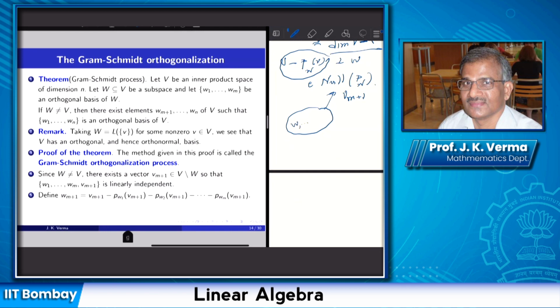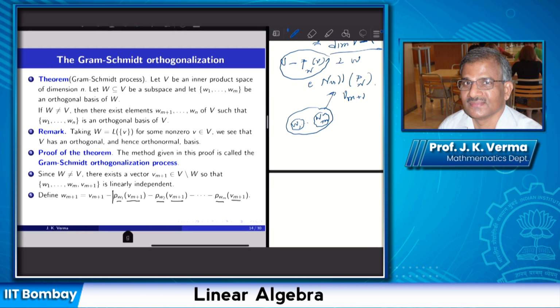Our subspace W is already provided with the orthogonal basis W1 up to Wm, and Vm plus 1 may not be perpendicular to these Wi's. What can I do? I can project Vm plus 1 in each of these directions and add them: the projection of Vm plus 1 in the direction of W1, in the direction of W2, and so on up to Wm.